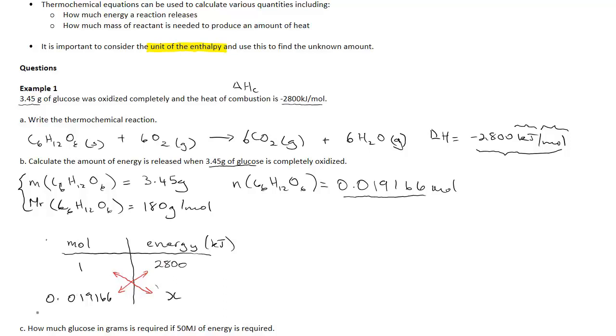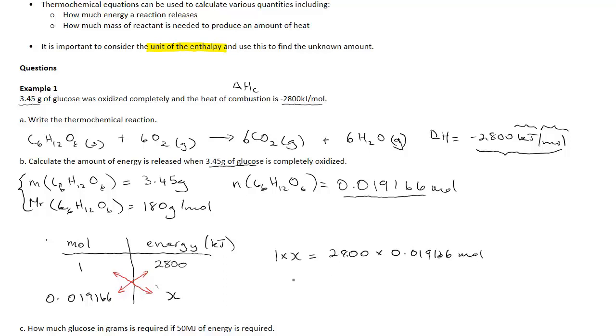But essentially what we're doing here is multiplying 1 by x, so 1 times x, which is just x, equals 2,800 times 0.019166 mole.